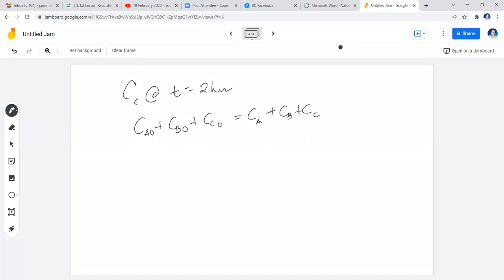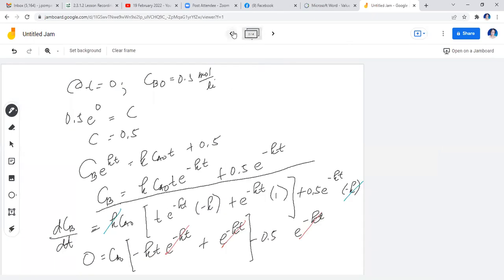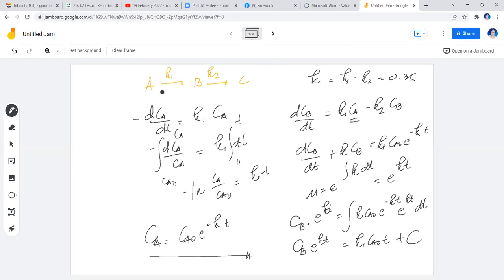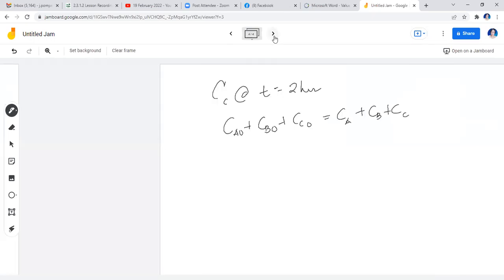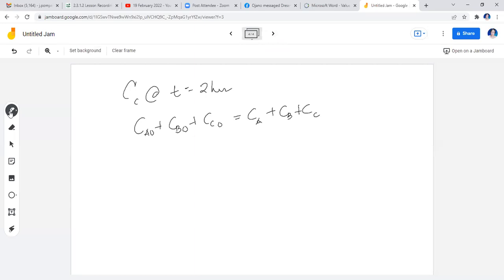So the sum of the concentrations of the species at any time for a series reaction should be equal as long as your stoichiometry is this. Okay, the sum would just be equal. So using that, what do we do then? To get C sub C, this is our goal. To find C sub C. How do we find C sub C?